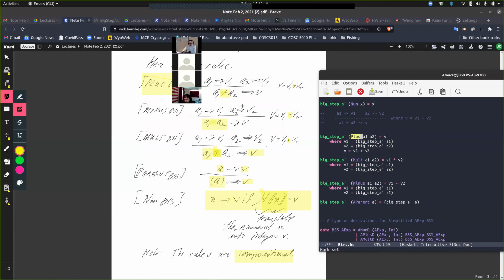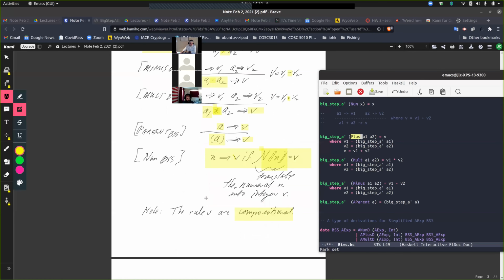And so if you put these in, in fact, I don't even think you really need minus here, because you could just make a number which is a negative integer if you allowed numerals for positive and negative numbers. So you could get rid of minus, and then all you need is plus and times. Parentheses are good for organizing things.